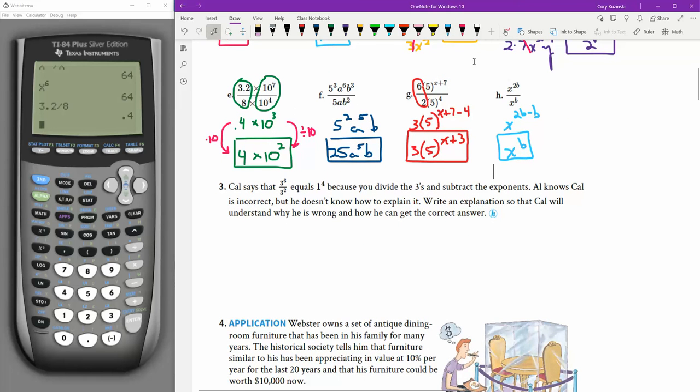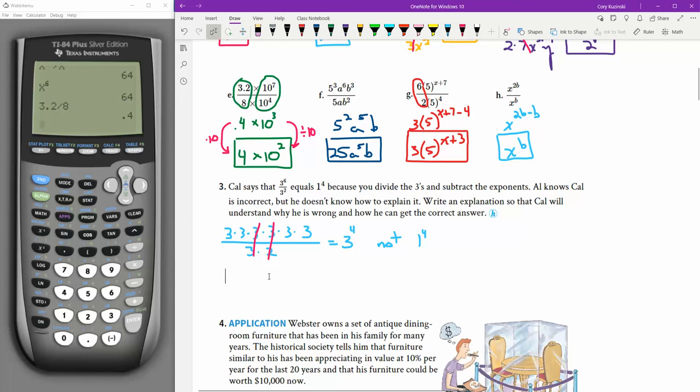So what do we tell Cal? I guess we could write it out for him in expanded notation. Maybe we do 3 times 3 times 3 times 3 times 3 times 3. There's 3 to the 6th, Cal. And here's 3 squared. And if we do those 3's divided by each other and those 3's divided by each other, we ended up with 3 to the 4th, not 1 to the 4th. Okay, so what should we say here? How about this?